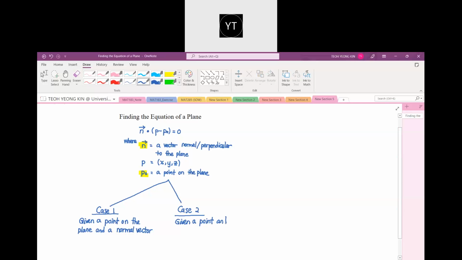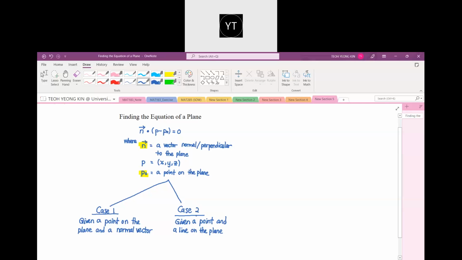You can see that in the second scenario, a point is given, just like case number 1. But in case number 2, the normal vector is not given. It's just given a line on the plane, which is not a normal vector.